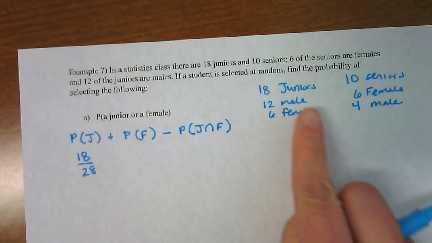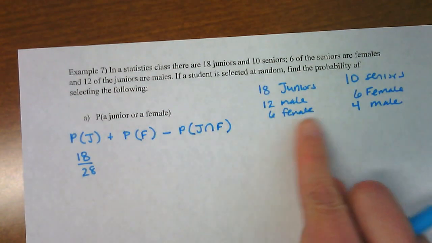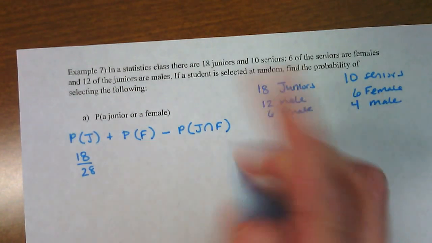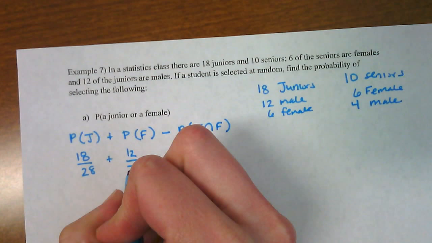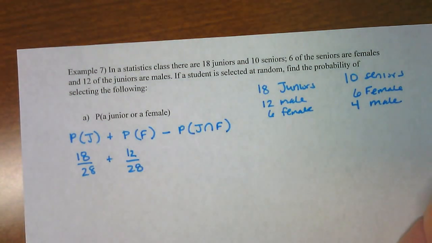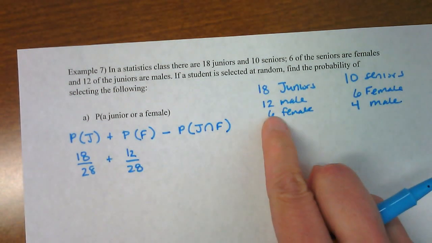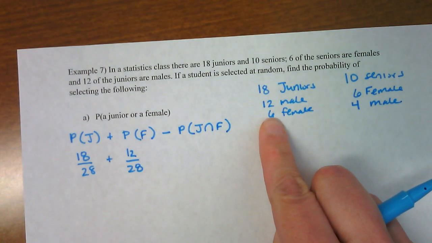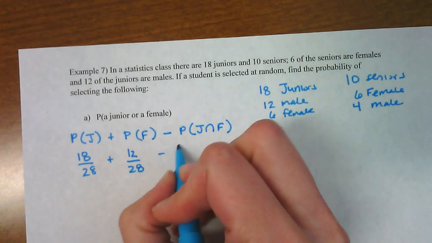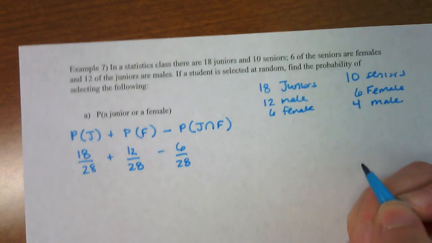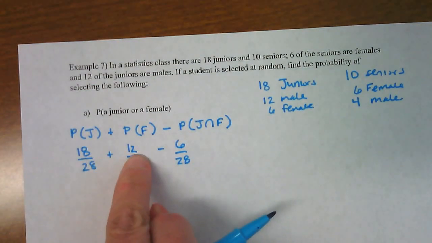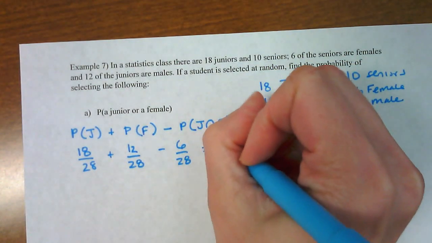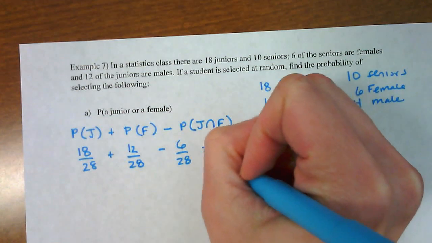And then the probability that it's female, there's 6 here and 6 here, so that makes 12 out of the 28. And then what overlaps? 6 of them are both junior and female, so minus the 6 that overlap. So now I'm going to add these up and subtract, and I get 24 out of 28.